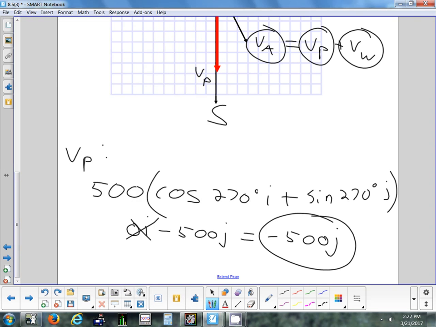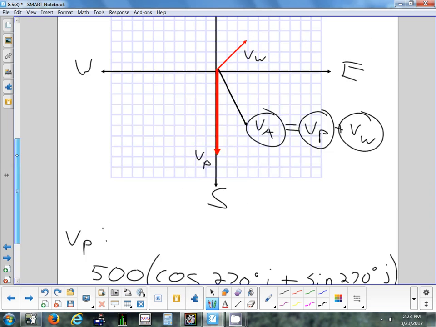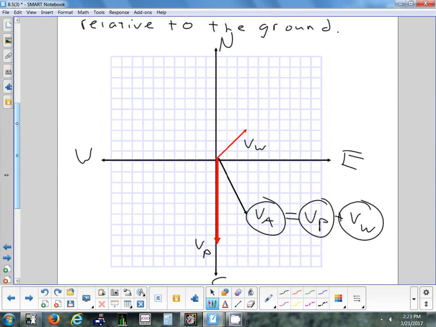Why is there no i component in the velocity vector for the plane? Why doesn't this have an i component? Luke? Because traveling due south is right on the y-axis, so it doesn't have any i.